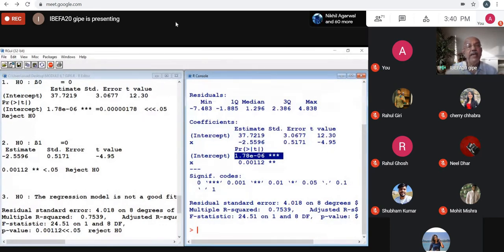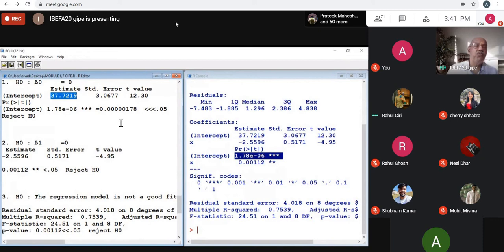P value is less than 0.05. What is the conclusion? Reject H naught. Accept H1. What is H1? That it is not equal to 0. That means 37.7219 is a good estimate for beta naught.